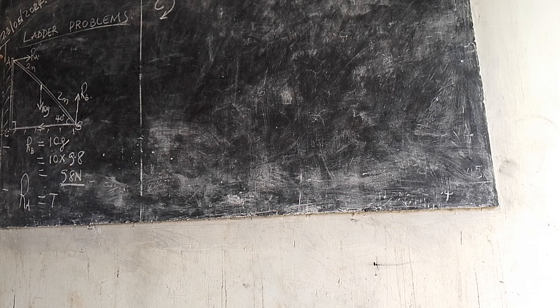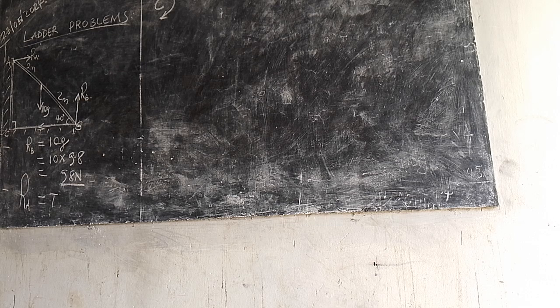If I take moments at A, the other A will be 0. Why? The perpendicular distance for RA to move from A to A is 0. The moment of a force is the product of the force and the perpendicular distance. So if the distance is 0, no moment. Clear?